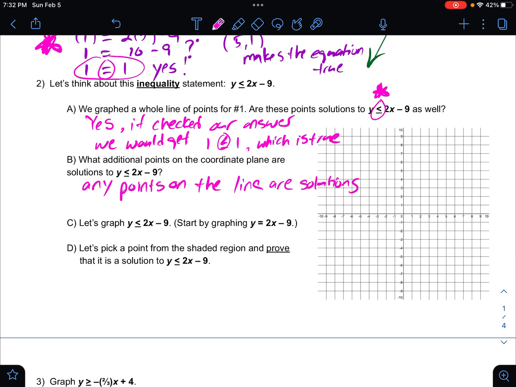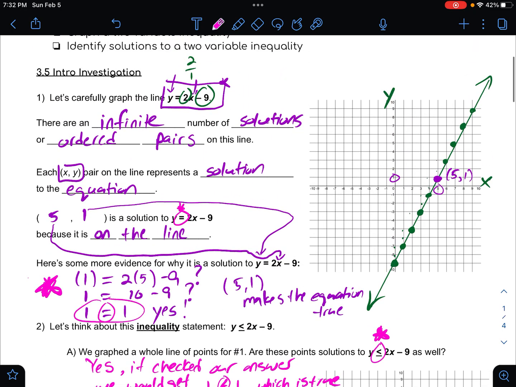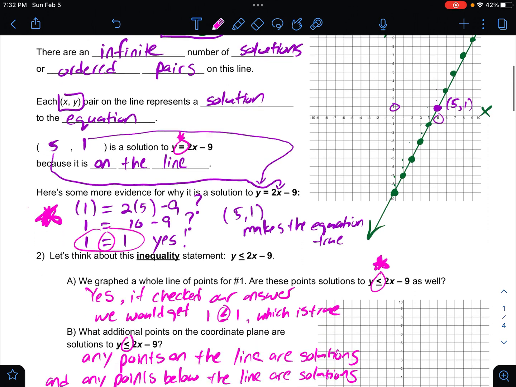But also now, since it's less than or equal to, we can say any points below the line are solutions. Okay, so the points on the line are solutions because we showed that back up in number 1 up here.